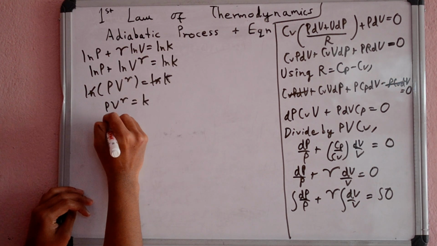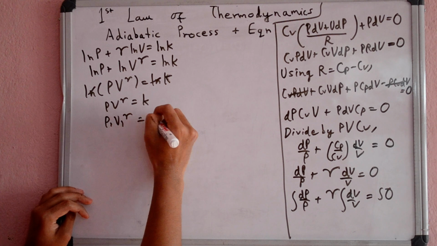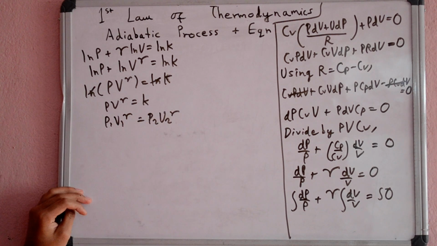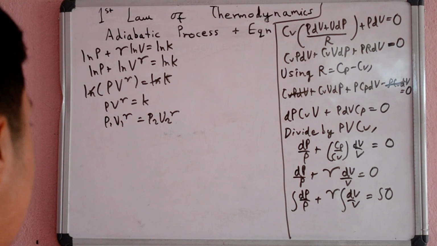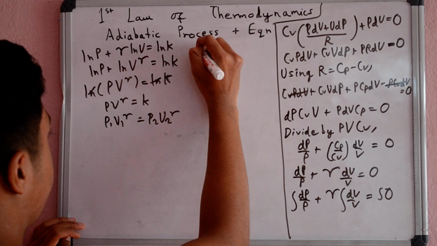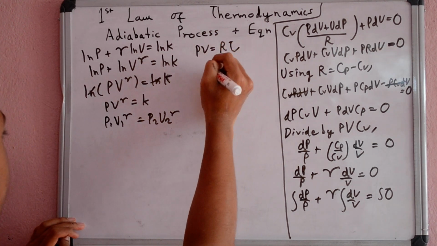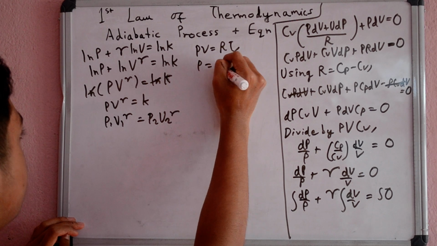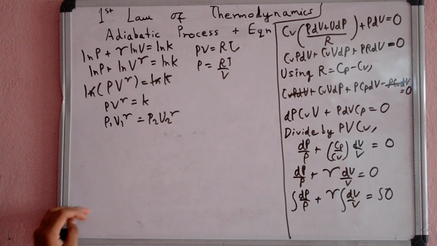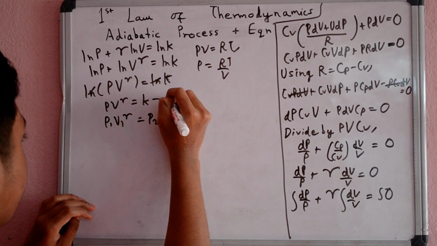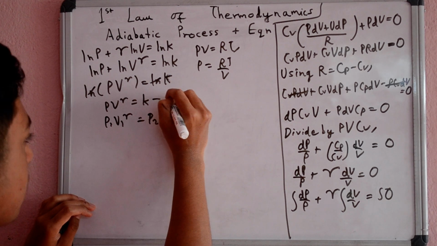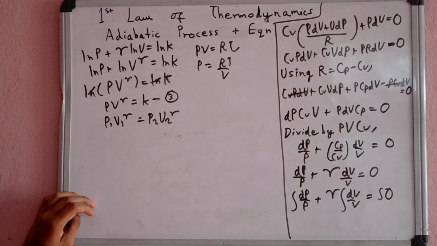Also, this is P1 V1^gamma equals P2 V2^gamma. Now from PV equals RT, we have pressure equals RT/V, which we can use in this equation. Let's say this is the main equation, which was equation 3.